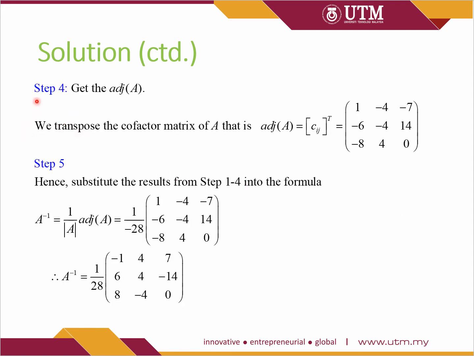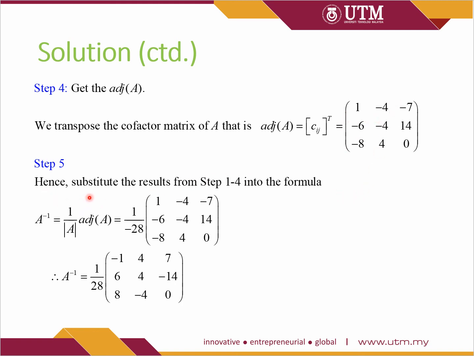Then the next step is to get the adjoint matrix of A, where the adjoint matrix is obtained by transposing the cofactor matrix of A. So here the first row becomes the first column, and the same goes with the second row becoming the second column.